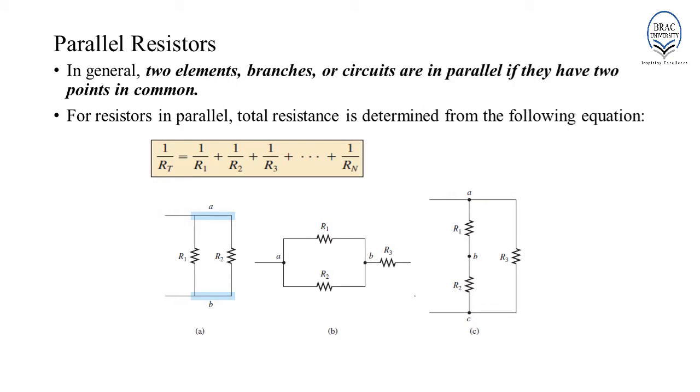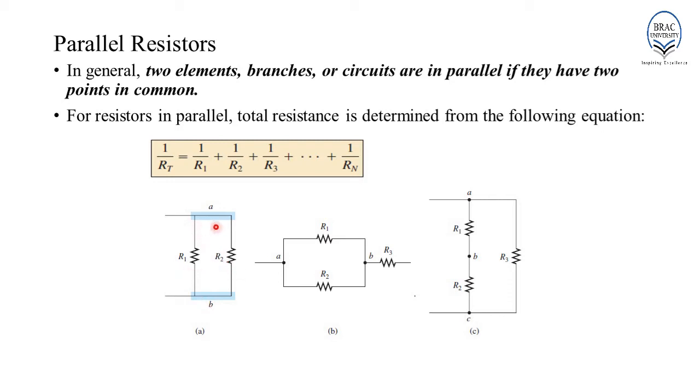Parallel resistors. In general, two elements, branches or circuits are in parallel if they have two points in common. For example, in this circuit we have two resistors R1 and R2.